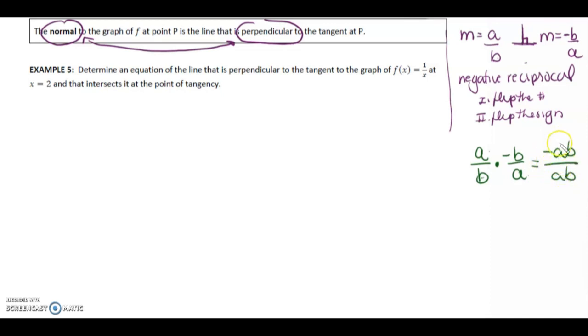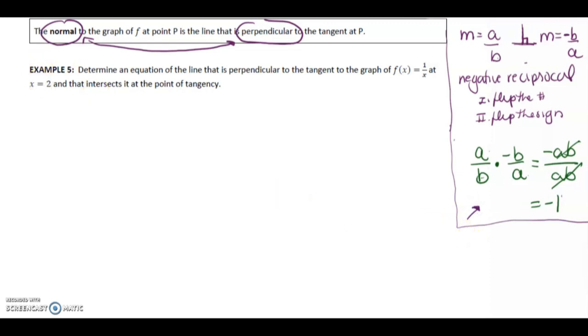But if you think about it, ab cancels out, it actually equals -1. So slopes that are perpendicular to each other, or negative reciprocals, multiply to -1. So that is another property.